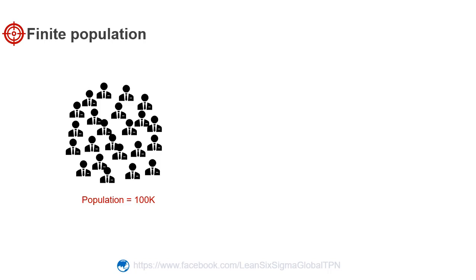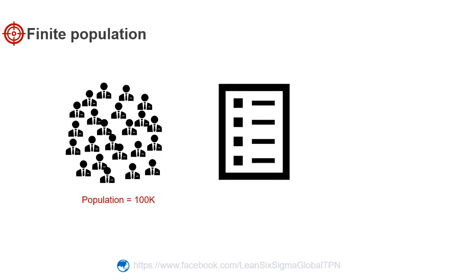To do this, we obtain a spreadsheet list of all the customers and use statistical software to take a random sample of 400 customers. A unique feature of this example is that there is a finite population, a fixed collection of customers that we can list and draw our random sample from.